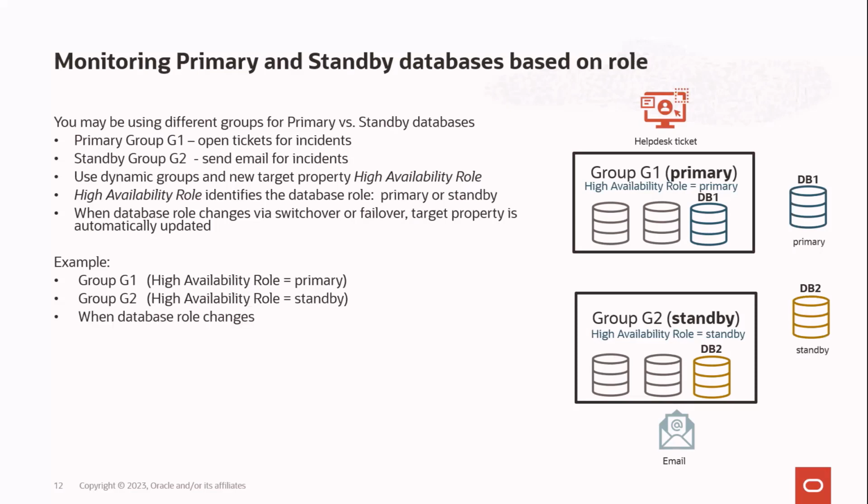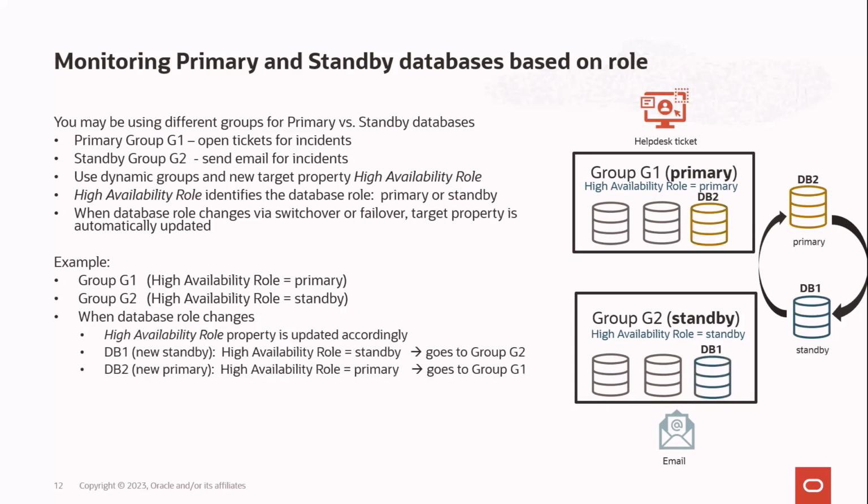Suppose there is a switchover. DB1 now becomes a standby, and DB2 now becomes a primary. EM will automatically detect this role change and update their high availability role properties accordingly.